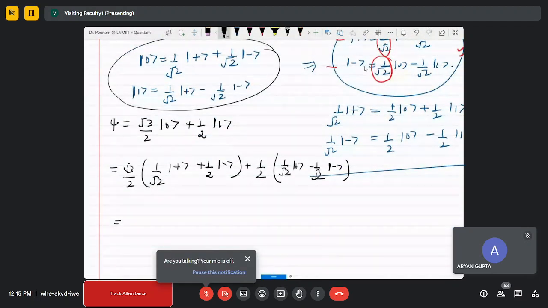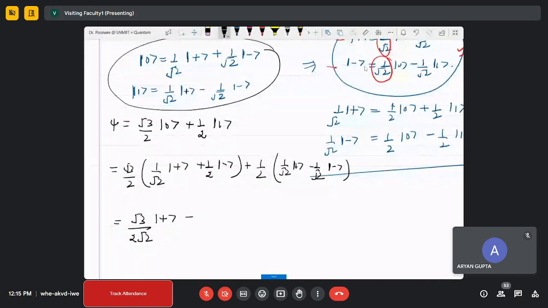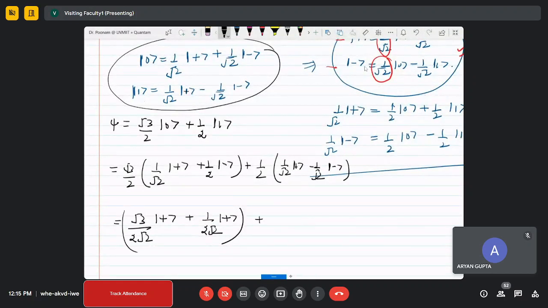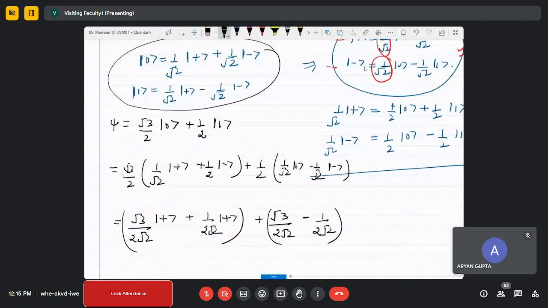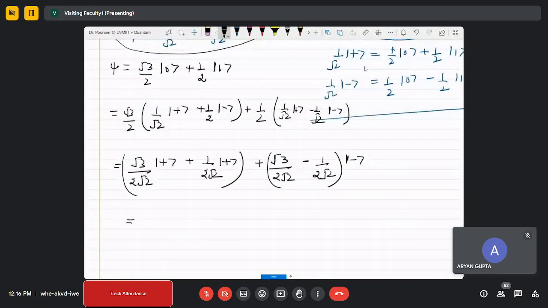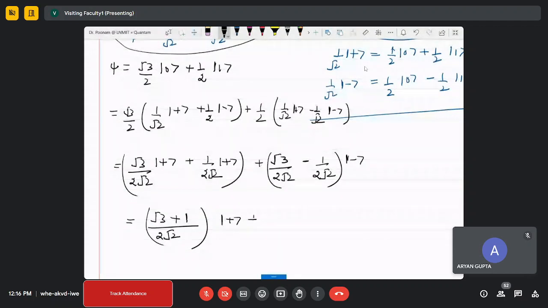So it will be root 3 upon 2 root 2, plus 1 upon 2 root 2, plus the next one, root 3 upon 2 root 2 minus 1 upon 2 root 2. Or in a simple way, root 3 plus 1 upon 2 root 2, plus root 3 minus 1 upon 2 root 2.